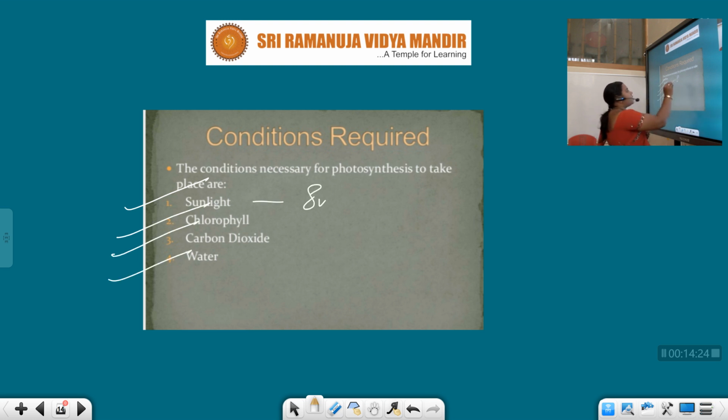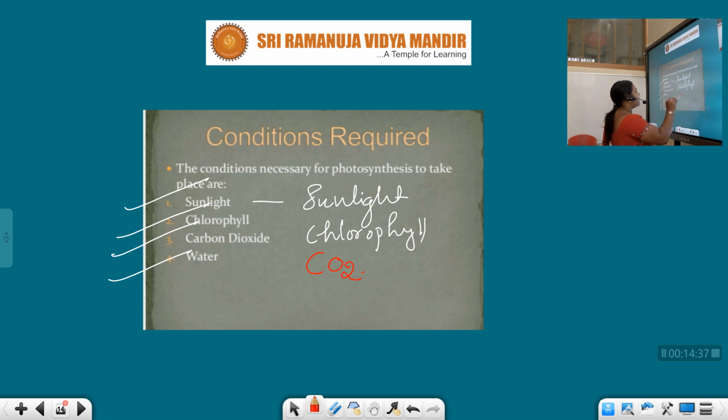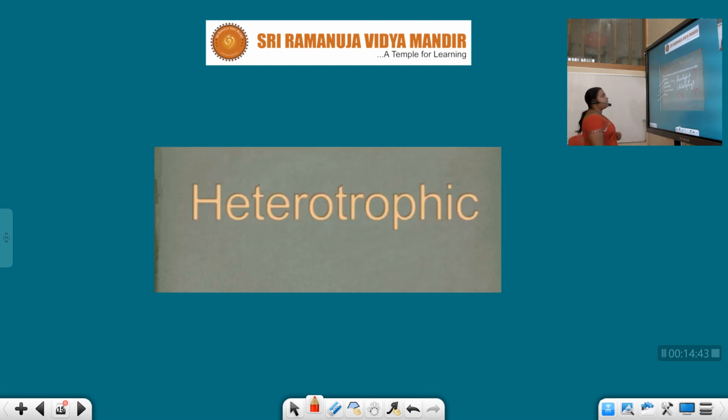Very important. What are those, children? Sunlight, chlorophyll, carbon dioxide, and water. All these are required for the process of photosynthesis.